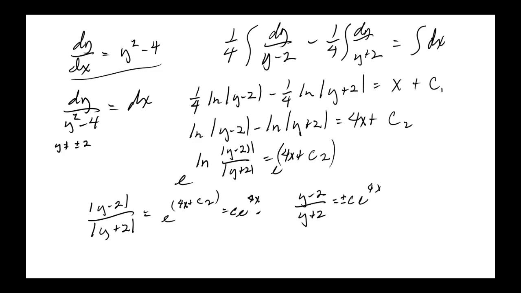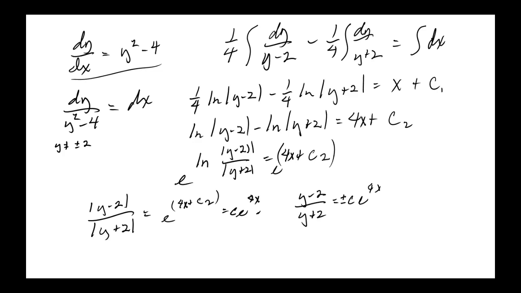They don't ever quite say why, but it is. When you e both sides, e to something or another is always positive, and because this ratio could be negative, we have to have a plus or minus there. Now, of course, the C could be plus or minus, but we're going to assume C is positive here.